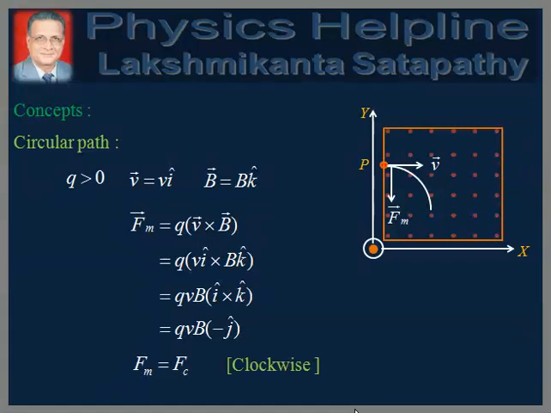Before proceeding to solve the problem, let us recall the related concepts. Let us try to understand why the charged particle will move in a circular path, and let us determine the sense of the circular path, which depends on the direction of centripetal force, which is provided by the magnetic Lorentz force.